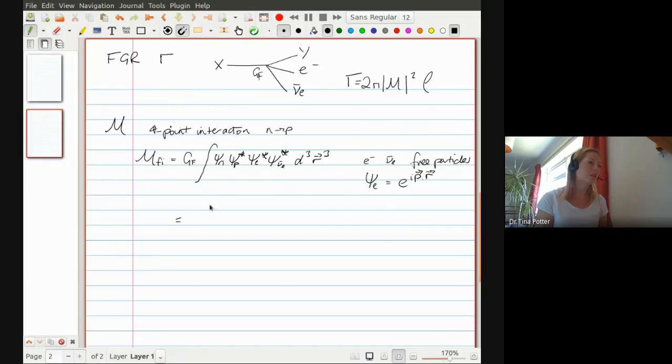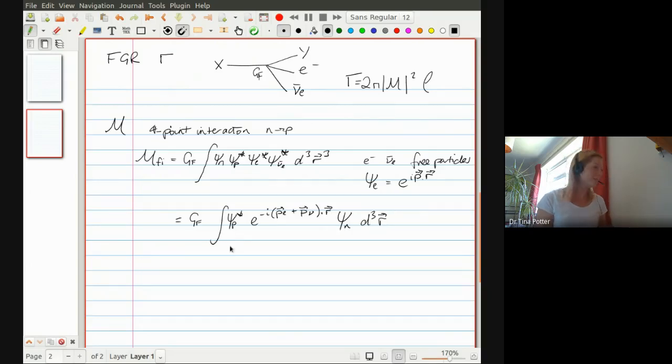So this can be written with our proton wave function, our free particles, our electron and our neutrino, e to the minus i p_nu dot r, and phi for the neutron, integrated over all space.